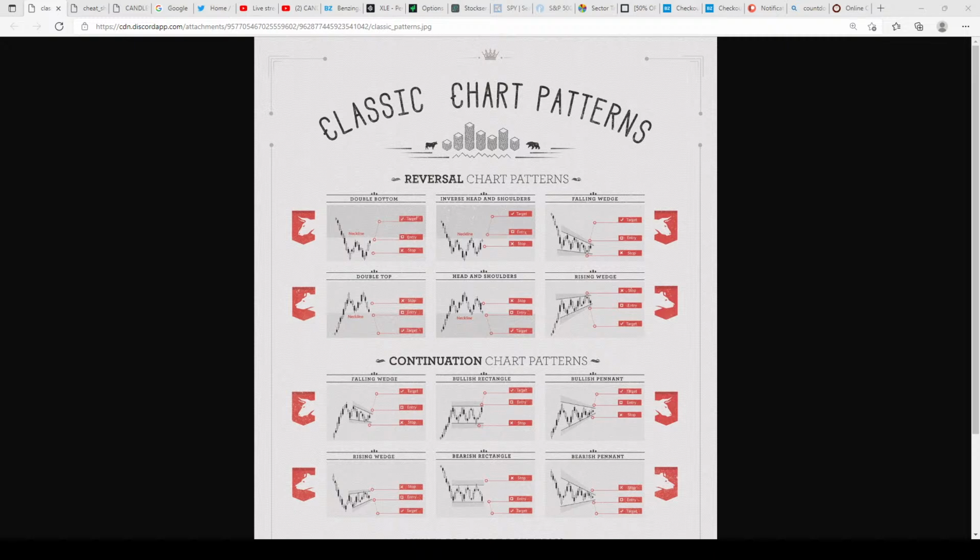If they're coming downward, wedging, breaking out to the top, we might be able to fudge this one too and see. Coming in, it breaks out to the top. But you get the picture.